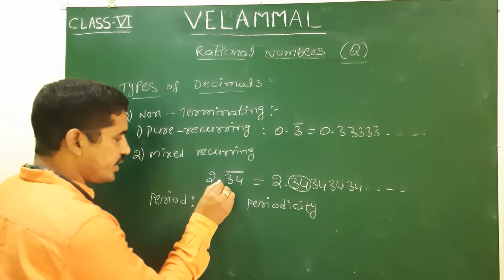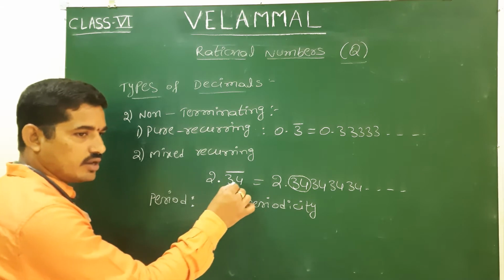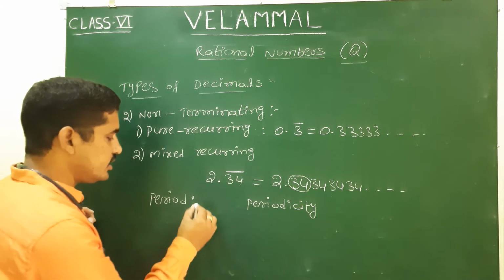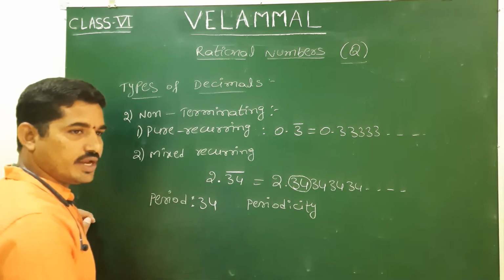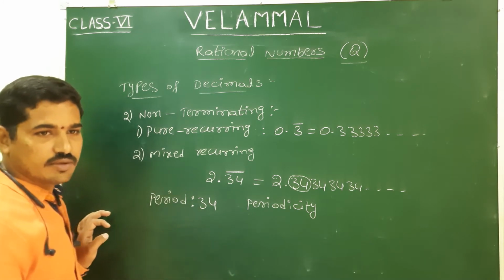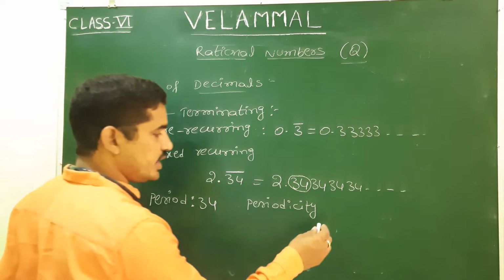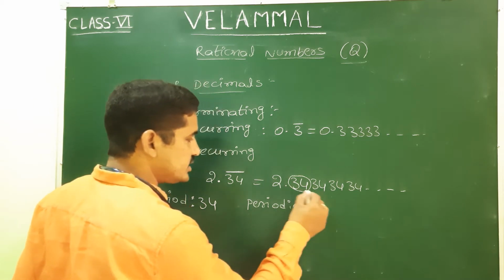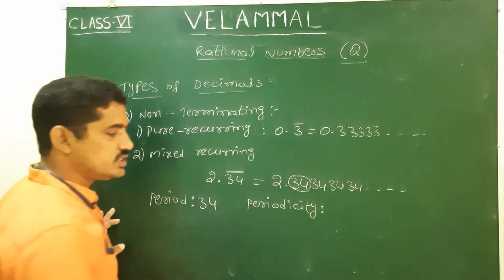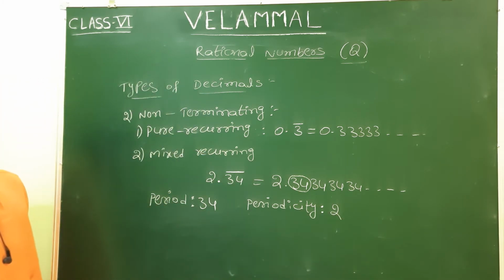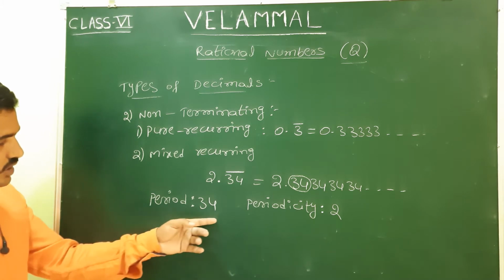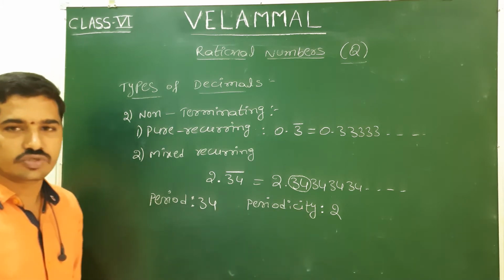So in this 2.34 bar, which number is repeating? 34 is repeating, so 34 is the period. Coming to the periodicity, how many digits are repeating? 2 digits are repeating, so periodicity will be 2. Period is 34 and periodicity is 2.